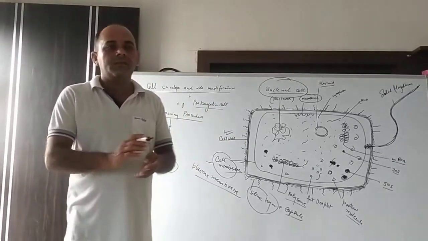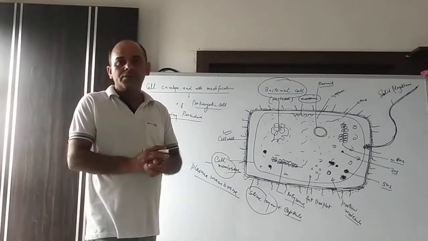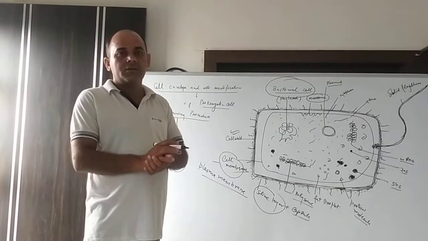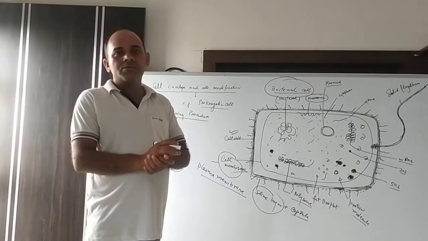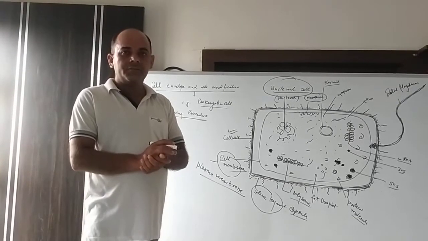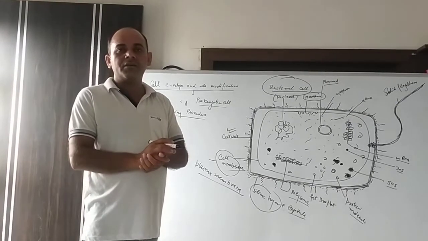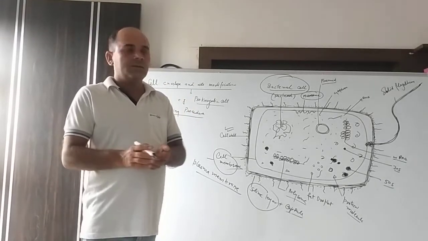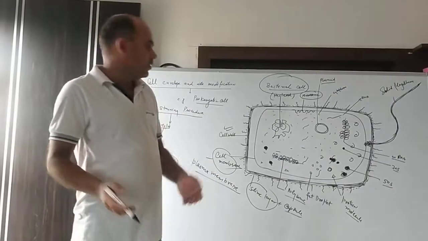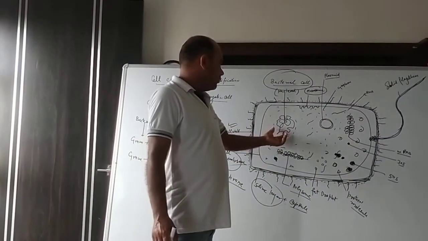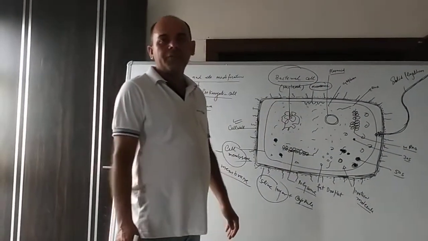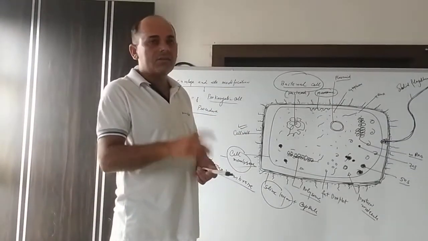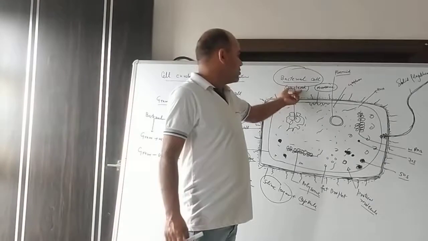The second is the fluid part, which is called cytoplasm. The third most important structure is the genetic material, whether it is present in a well-organized center called the nucleus or, as here, without a nucleus. Here there is a lack of a well-defined nucleus, but the most important thing within the cell, the genetic material, is present.